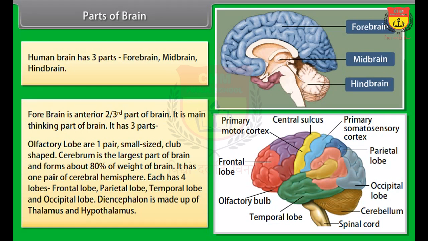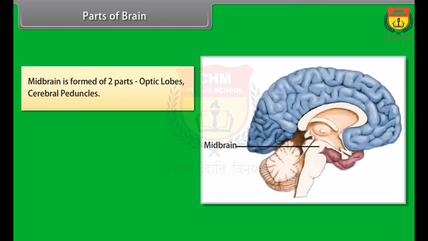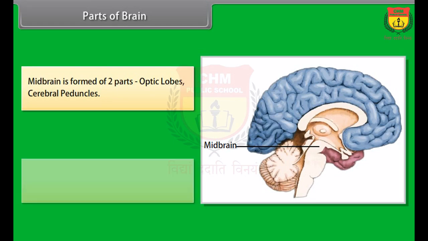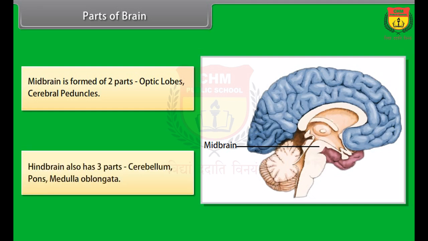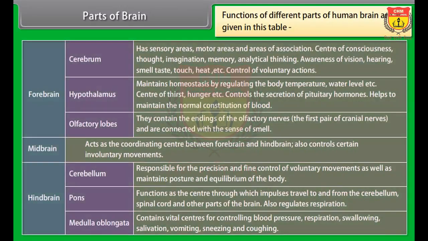Diencephalon is made of thalamus and hypothalamus. Midbrain is formed of two parts: optic lobes and cerebral peduncles. Hindbrain also has three parts: cerebellum, pons, medulla oblongata. Functions of different parts of the human brain are as given in this table. Spinal cord.